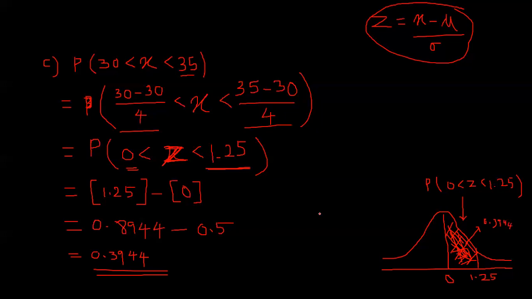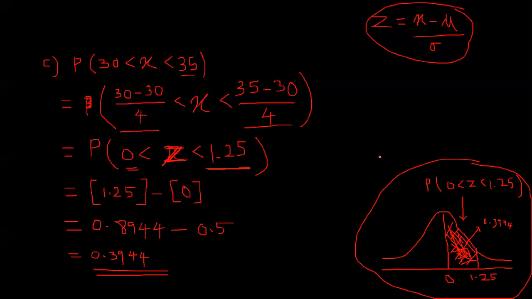Okay, so again, I want to remind you that it is not compulsory, it is not a must, to draw this graph. I only draw this graph because I want to make you more clear how we get the Z value.